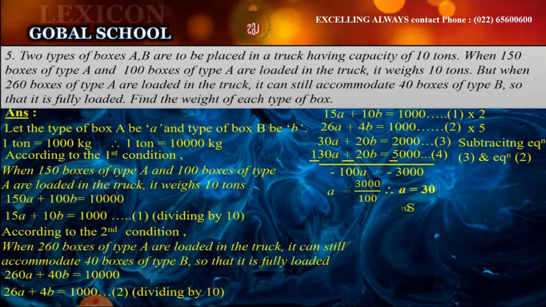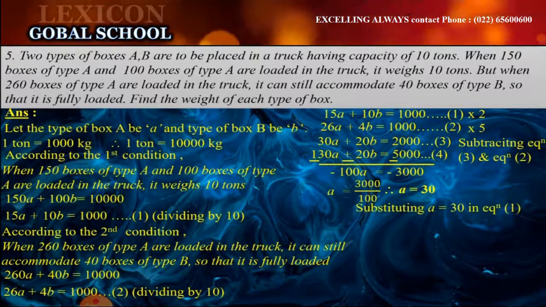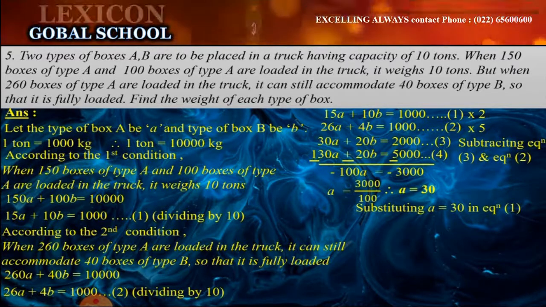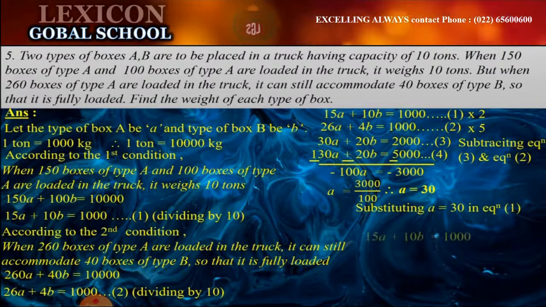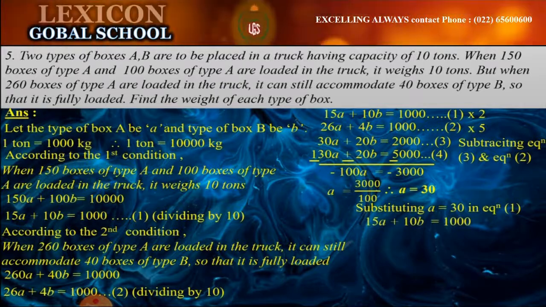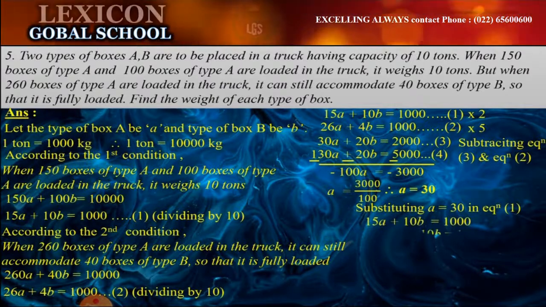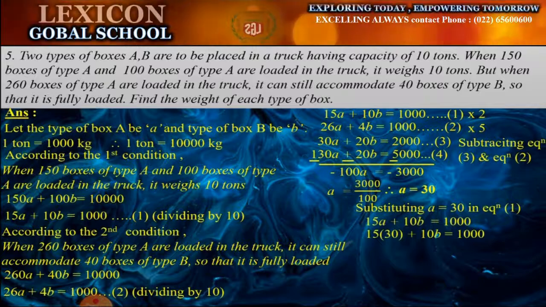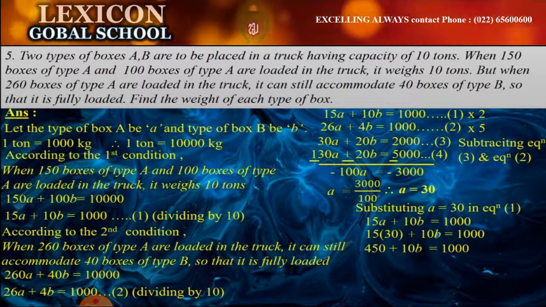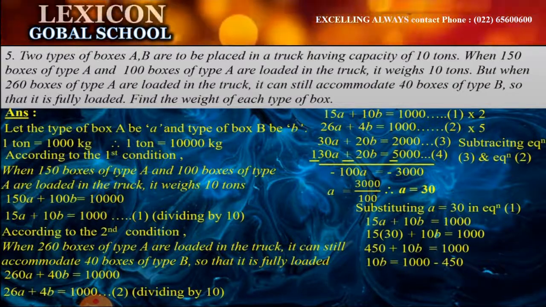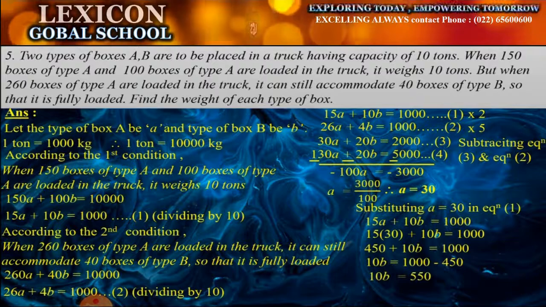Substituting the value of A in equation 1, that means box A would have how many kgs? 30 kgs of weight. Equation 1 is 15A plus 10B is equal to 1000. That means 15 into 30 plus 10B is equal to 1000. 450 plus 10B is equal to 1000. 10B is equal to 1000 minus 450. 10B is equal to 550.